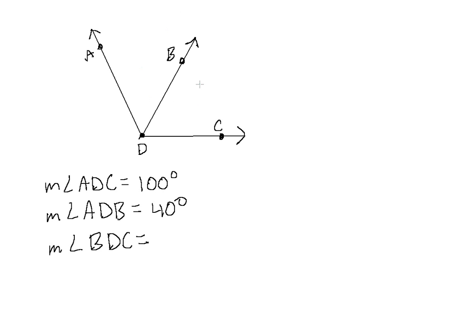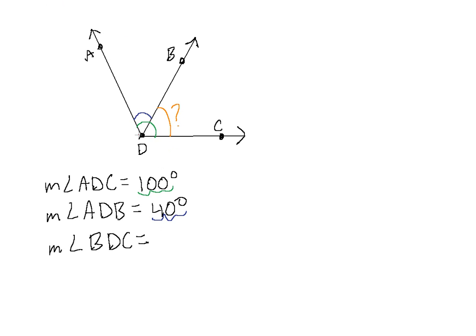All right, so it works much the same way. We're just dealing with angles here instead of segments. So we know that angle ADC, which is this big angle right here, is 100 degrees. We also know that angle ADB, which is this angle right here, is 40 degrees. So we want to know what this angle right here is. So how do we do that?